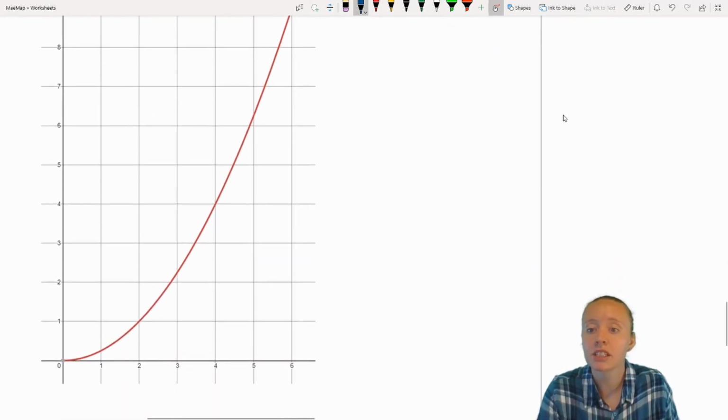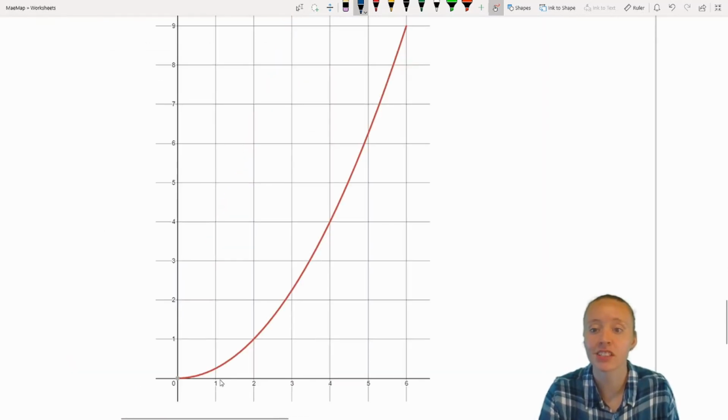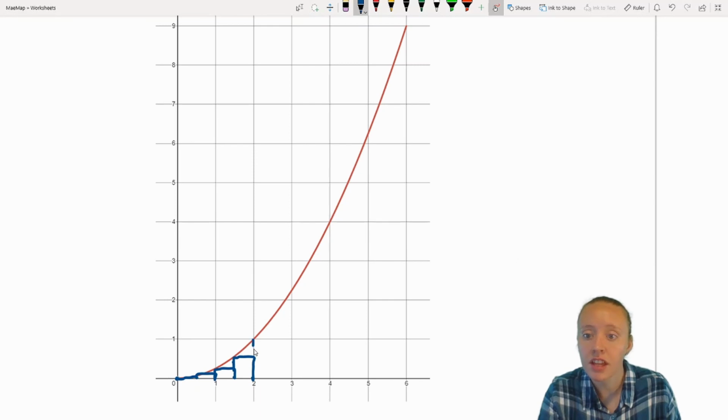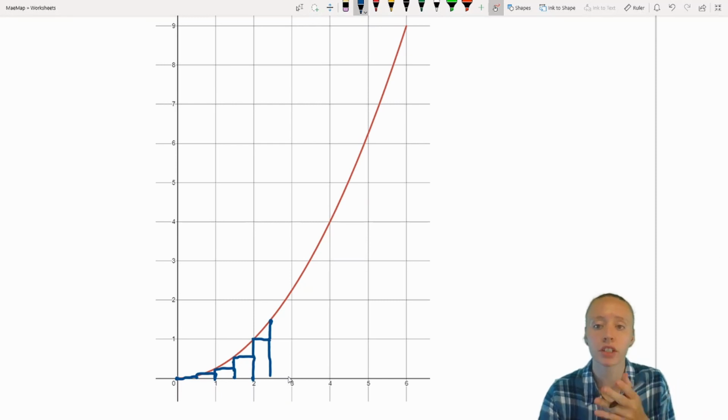So now splitting this up into 12 rectangles as opposed to 6, using a left Riemann sum, that's at 0, and then 1/2, and then 1, finally 1 and 1/2, then 2, and so on.